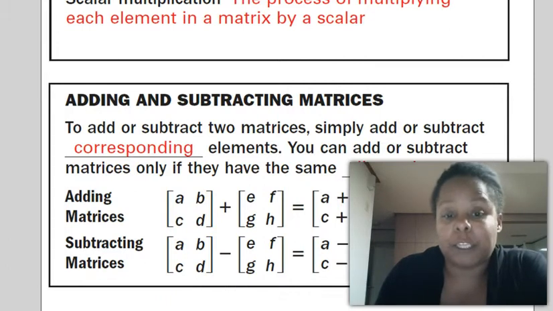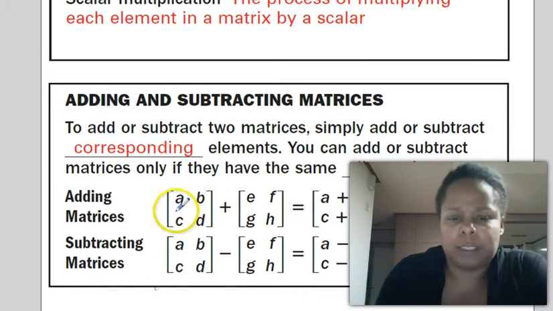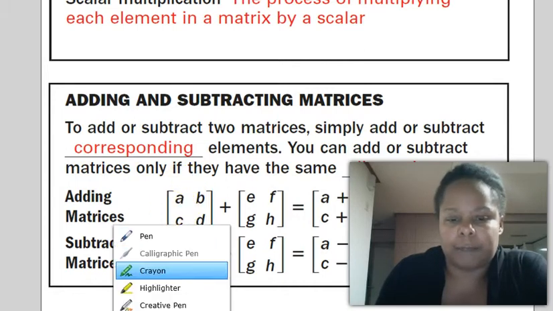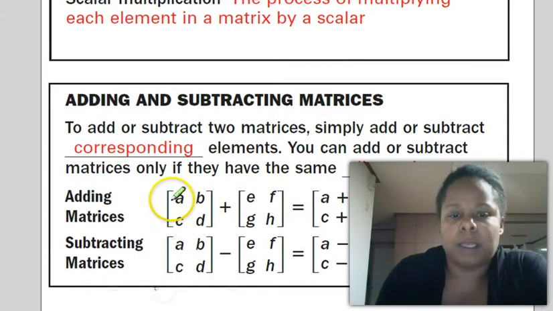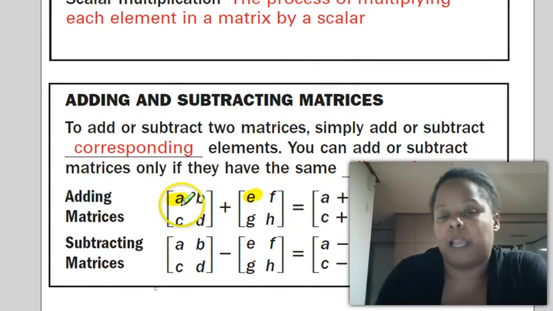So when we talk about corresponding, let me show you this one. A and E are the first element in the first row and the first column of both of the matrices.